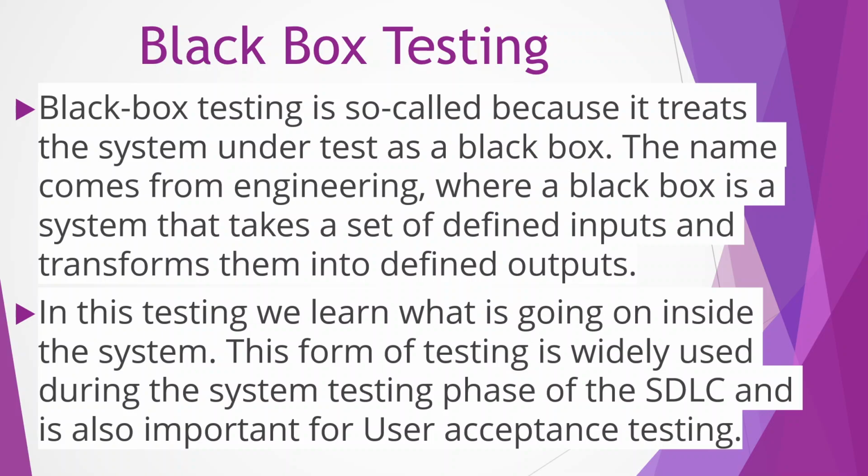So this testing is called black box testing, and it will also form part of your user acceptance test, and it helps in the software development lifecycle process as well. Let's move further.